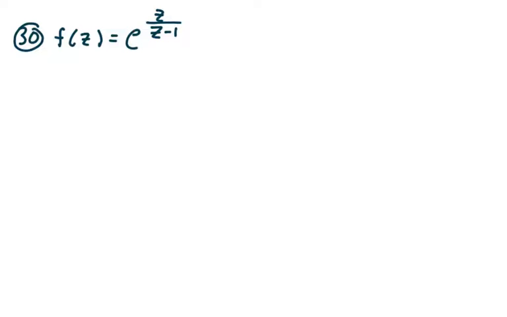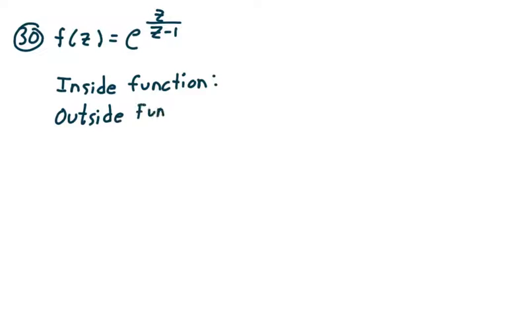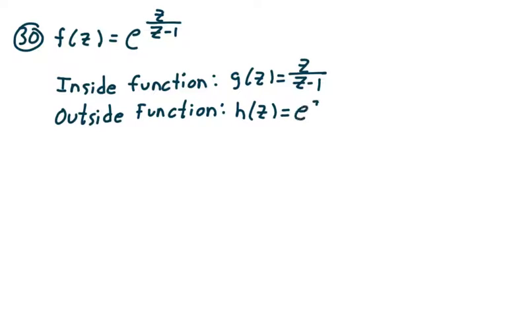Now, let's take a look at the inside function and the outside function. The inside function is g of z is equal to z over z minus 1. The outside function I'll call h of z is equal to e to the z. Okay? And so I want f prime of z.